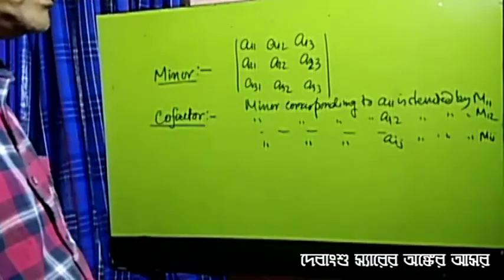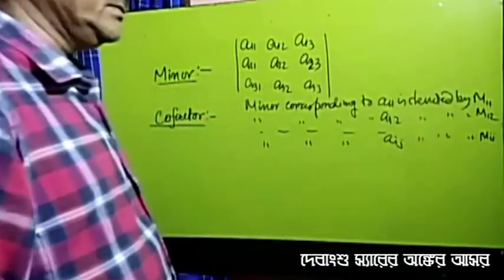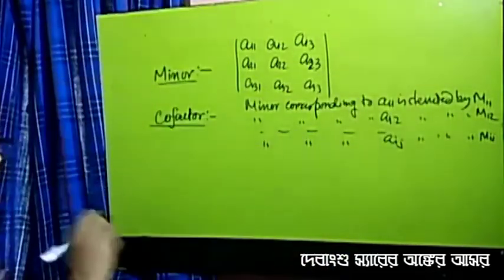Clear? This is not a definition. This is just notation. What is minor?